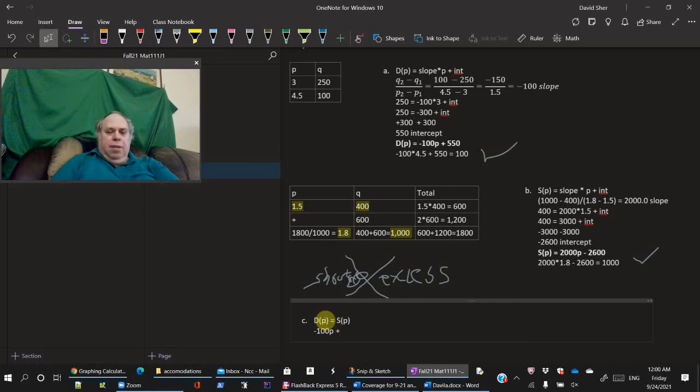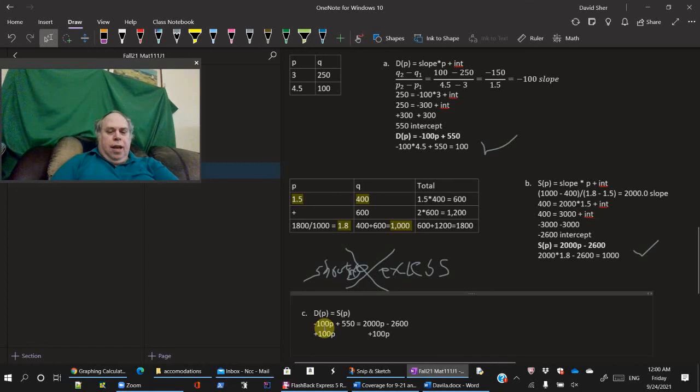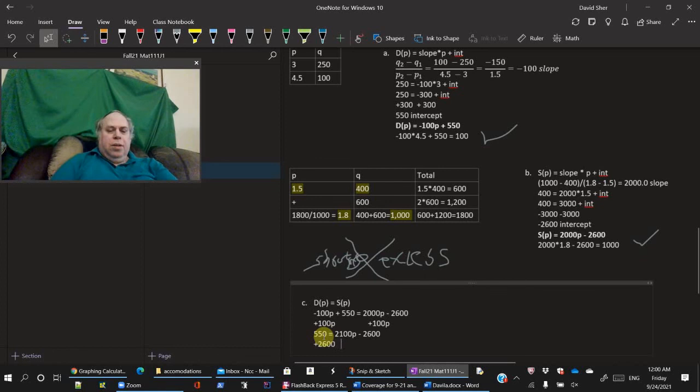Negative 100p plus 550 equals 2000p minus 2600. Now, I'm going to add 100p to both sides, and that's going to cancel that out. It's going to give me 550 is equal to 2100p minus 2600. I'll add 2600 to both sides to get all the regular numbers on the left side and the p part on the right side.